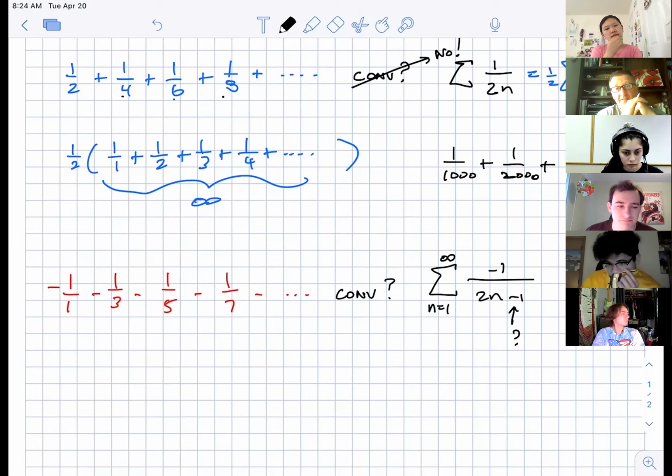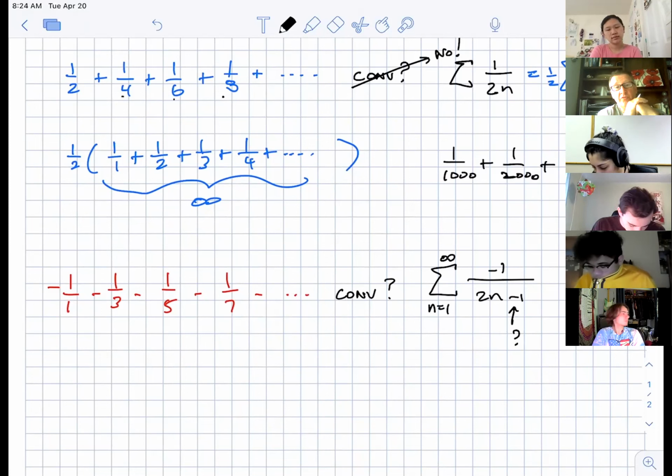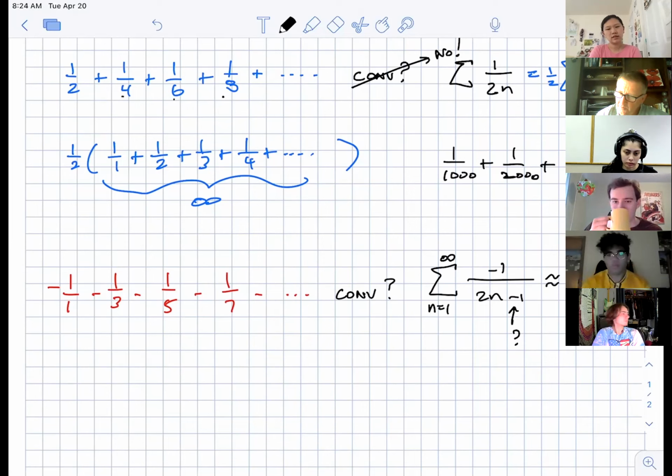By the comparison test or the limit comparison test, it's pretty irrelevant. The 1 doesn't make any difference because n is going to be thousands. So this is still roughly equivalent by comparison, which means that also diverges.